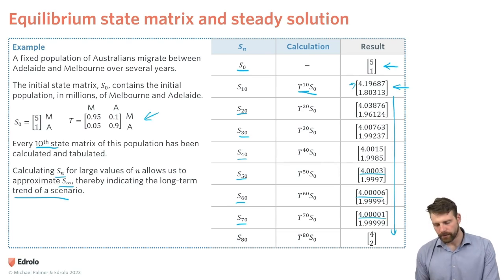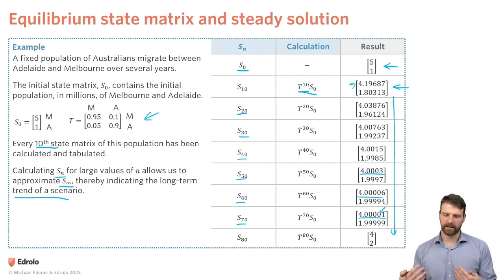Now, truly in the calculator's brain, it might actually be 4.000001, something with more zeros than this. But the calculator is just set to show me up to 5 decimal places, and once there's no change, it might just go to one figure. So in the calculator's brain, it might not be exactly 4 and exactly 2, but it's clear to us that these are the numbers that we're approaching.